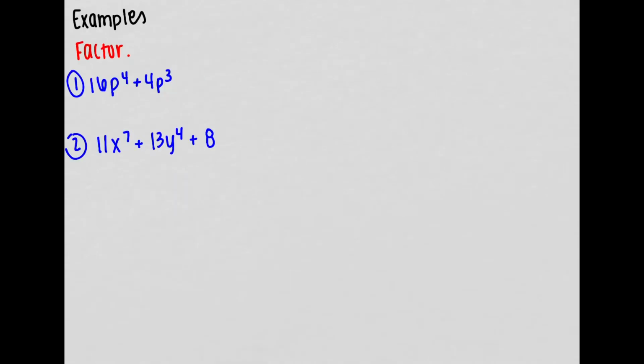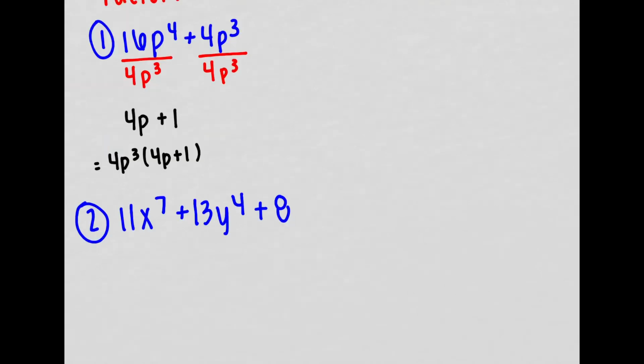Number 2 is 11x to the 7th plus 13y to the 4th plus 8. So I'm first going to look at the numbers. Is there anything I can divide 11, 13, and 8 by? And I can't, so I can't divide by number. So now I'm going to look for the variables or the letters.